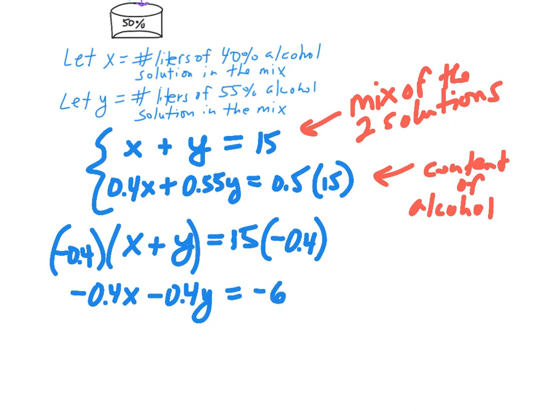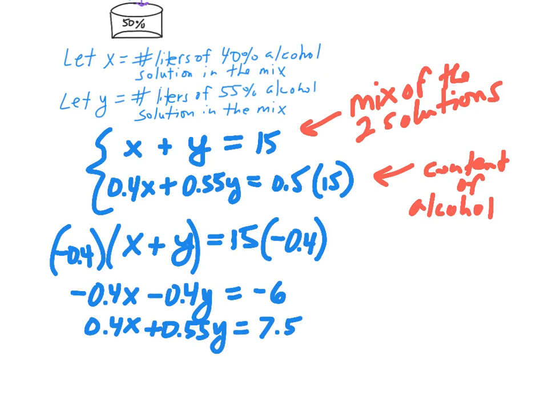And then I'm going to stack the other equation, and that would be 0.4x plus 0.55y, and up here we have 0.5 of 15 is 7.5, so that's going to go here.